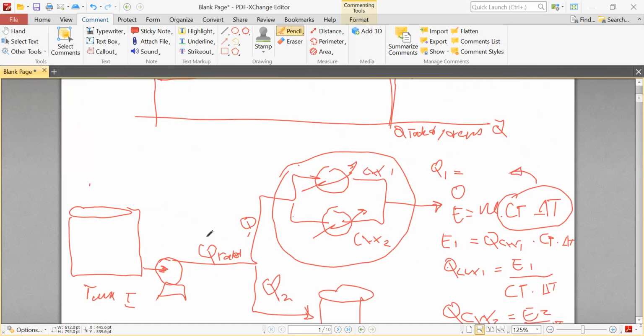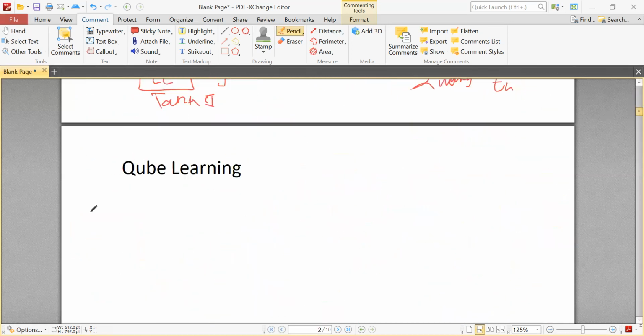Okay, so the Q rated of the pump is the summation of the Q1 and the Q2. Q rated is Q1 plus Q2.